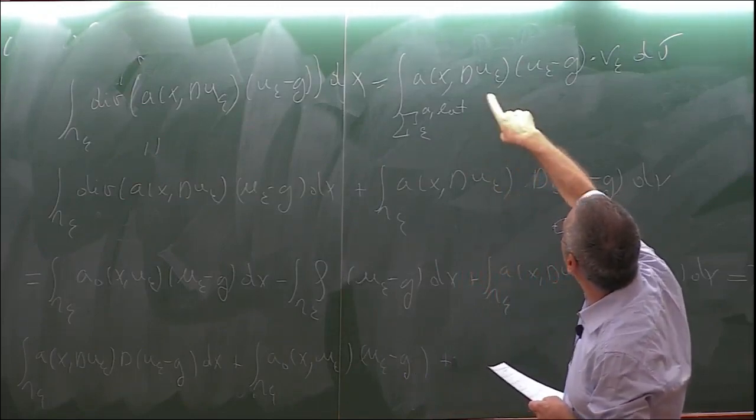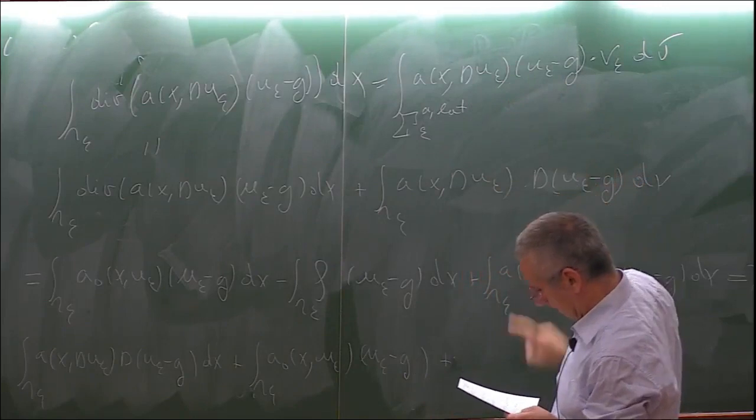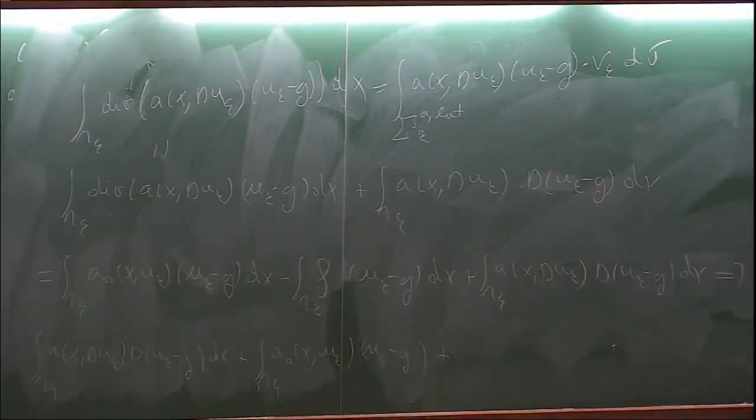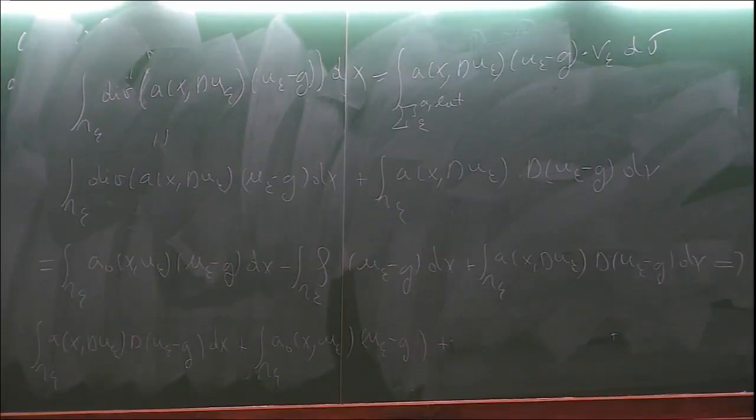A of x gradient u epsilon dot nu epsilon. What is this term? From here, we obtain A of x gradient u epsilon dot nu epsilon, this is equal to minus epsilon lambda h of x u epsilon. Okay? Then I can replace this.